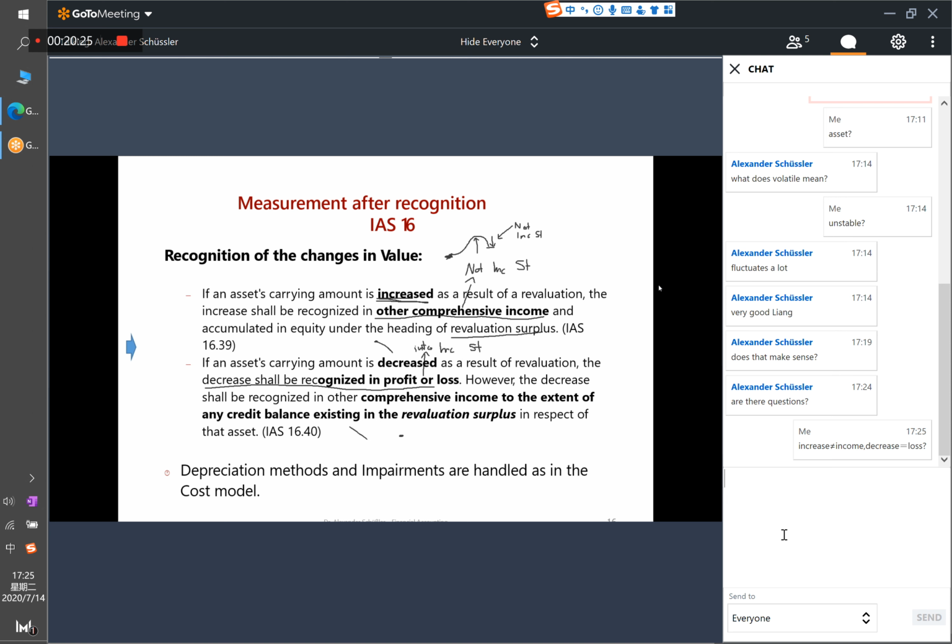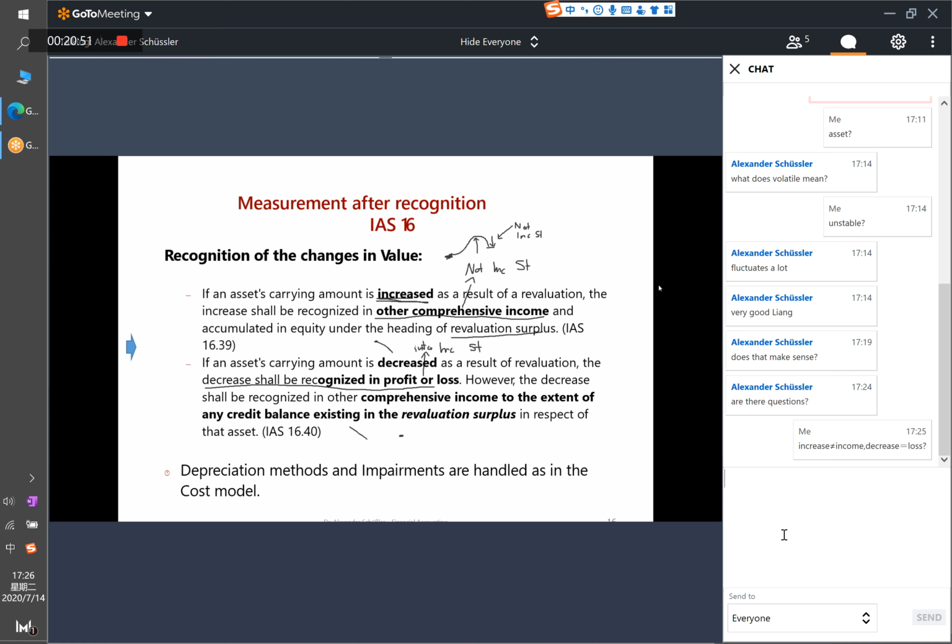The standard setter says, okay, if a building increases in value, then BMW shouldn't show this in their income statement, because this is a rather arbitrary value. This is at least not the core business of BMW. The core business of BMW is selling cars.